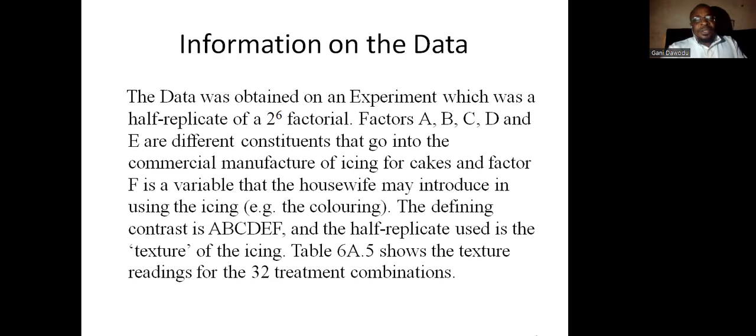There are different constituents that go into the commercial manufacturing of icing for cakes. But there's an additional factor, which ought to be the 6th anyway, which the housewife may choose either to use or not to use. That means it's optional.